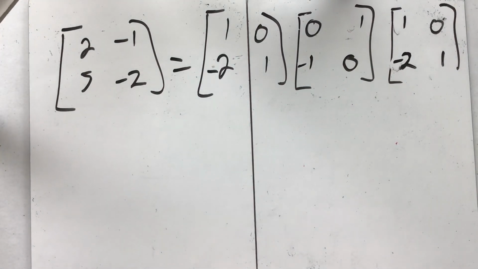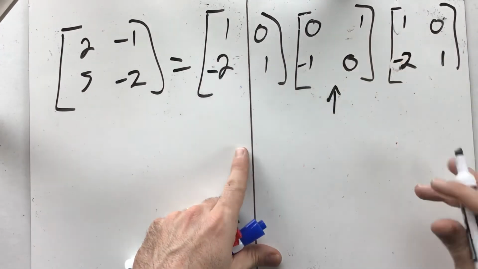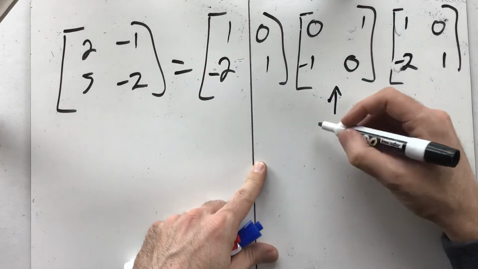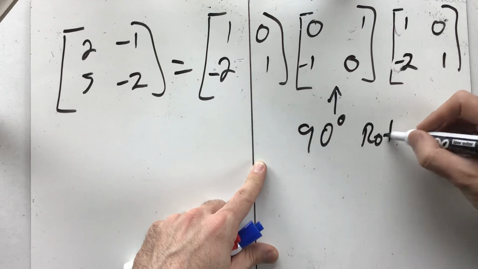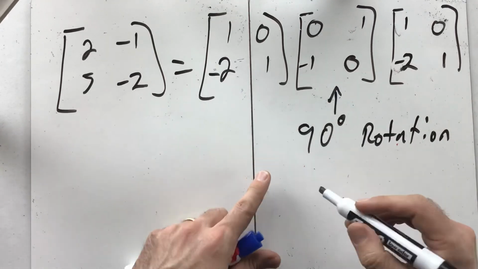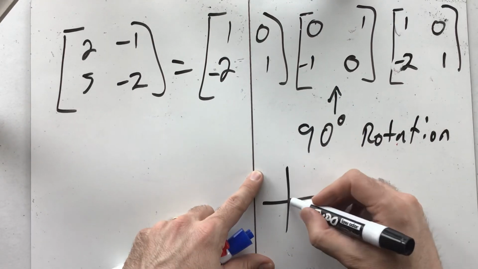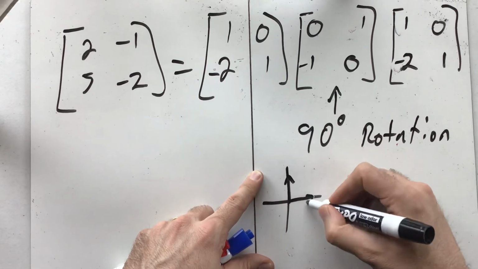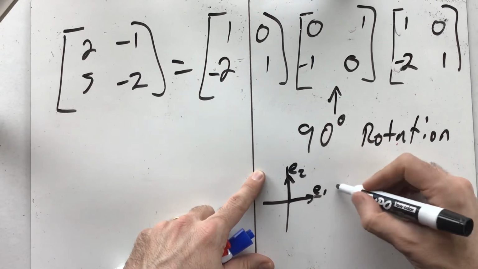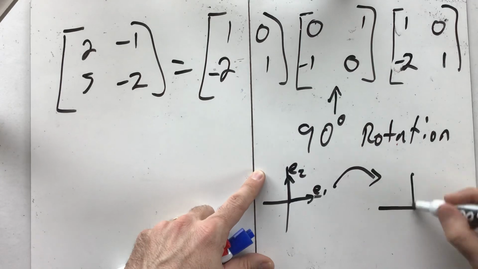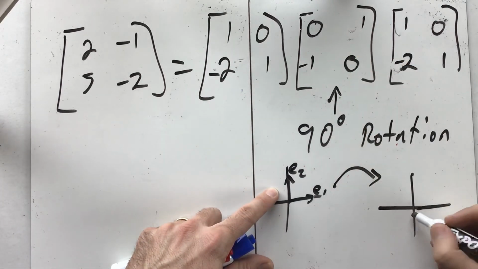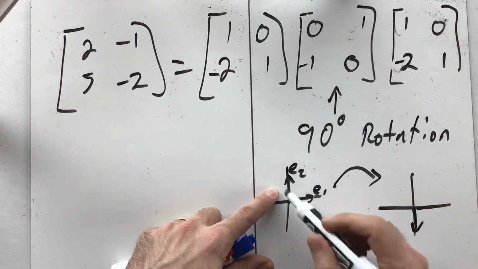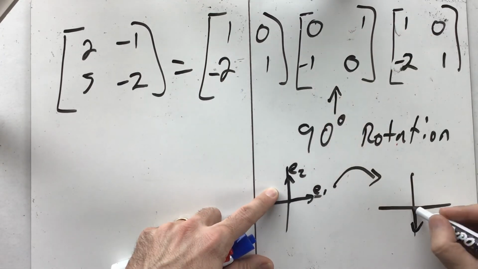And let's take a quick observation and notice what's going on with this matrix. Well, this matrix happens to be a 90-degree rotation, because this is the matrix that takes e1 and e2 and transforms them so that e1 goes to 0, negative 1, so this is my new e1, and e2 goes to 1, 0, so it goes to that one.